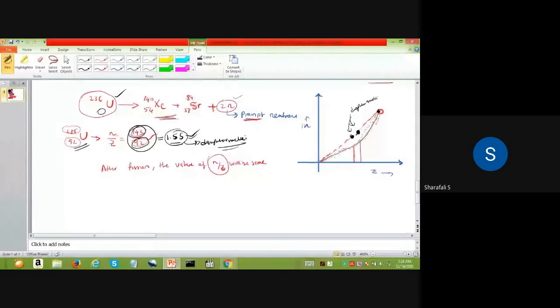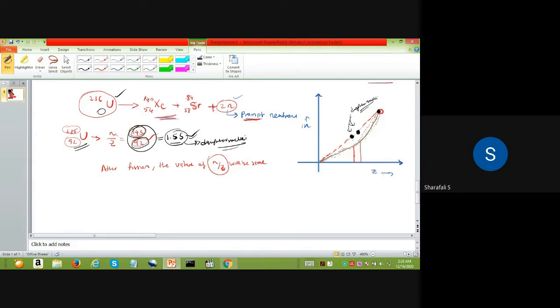If you have a straight line from the origin to this point, that is your parent nuclei, then n by z value will be the same all over this straight line, because the slope will be constant. So the daughter nuclei will have the same n by z value immediately after fission.